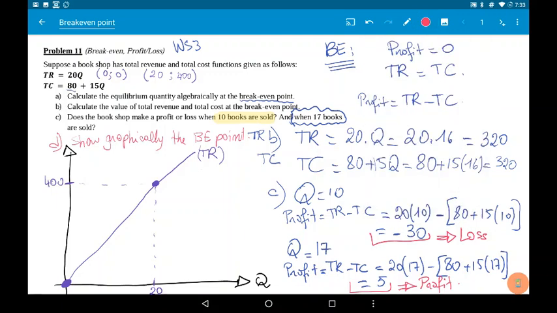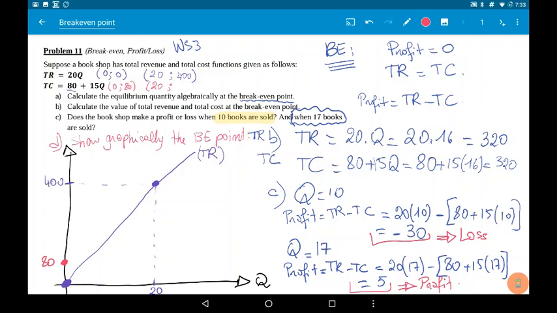Now we need to plot TC. For Q equals 0, TC equals 80. So our first point, Q 0, TC 80. Here it is. Our second point for Q equals 20. You can choose another quantity, but I chose 20. You can choose a random quantity.